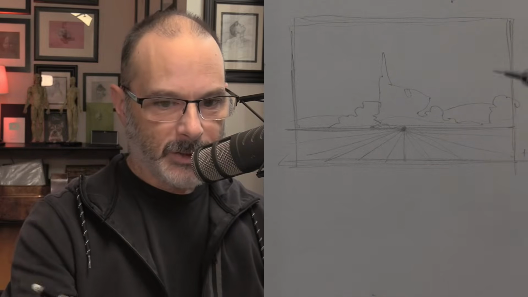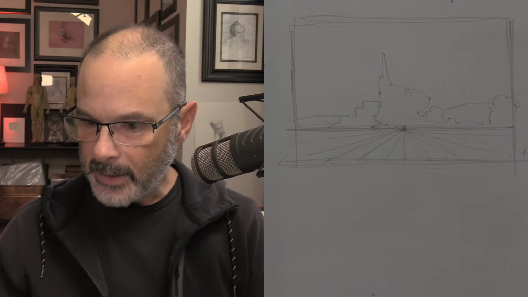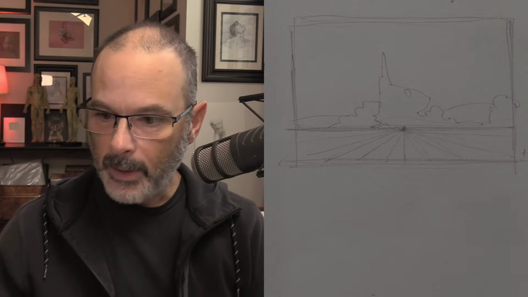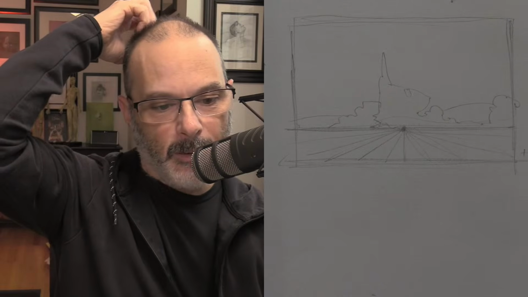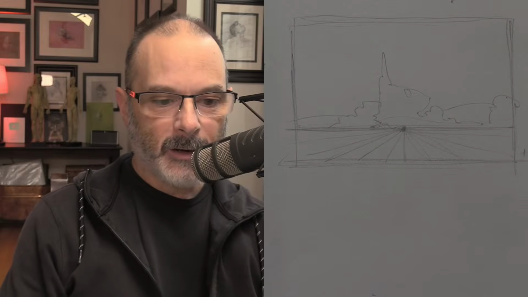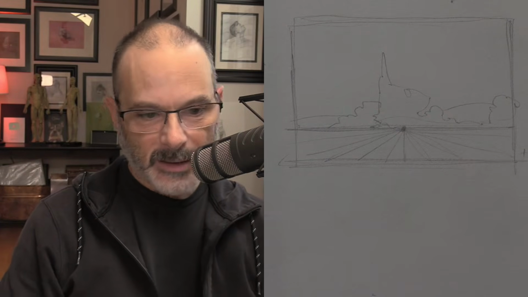So let's backtrack. What did we do, and what should you do if you're drawing along with me here? Let me just make sure I can see these comments. I'm going to lower my video. Center VP, I would say, is a very formal way to go. There's a gazillion different ways to go.